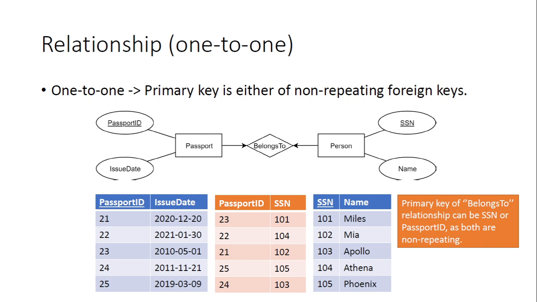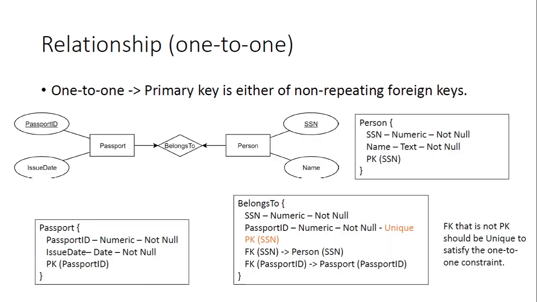Then this time we are going to choose one of them. So it could be the passport ID or it could be the SSN of the related person, but we need to choose one of them. And for the other one, we need to say that this should have non-repeating values. So we are going to have two alternatives, and in this case they are going to be equivalent.